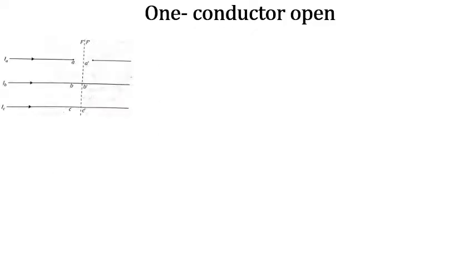Let us consider that one conductor gets open, that is phase A, so that is A to A dash, with the fault between F and F dash. First we need to consider the terminal conditions. One thing to notice is that in the earlier cases, the shunt type faults, the currents of the other phases were 0, but here it is vice versa.